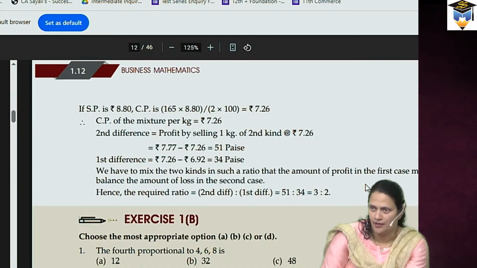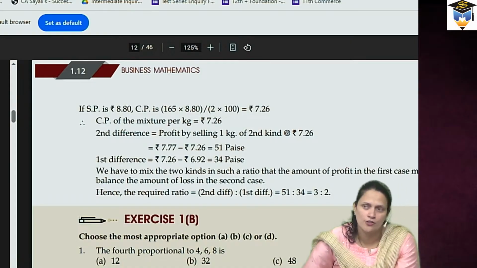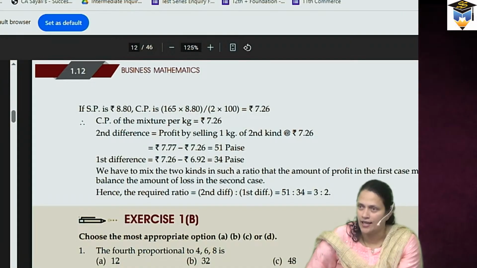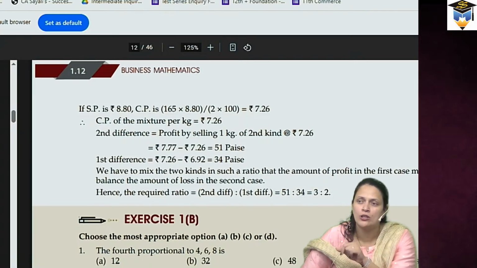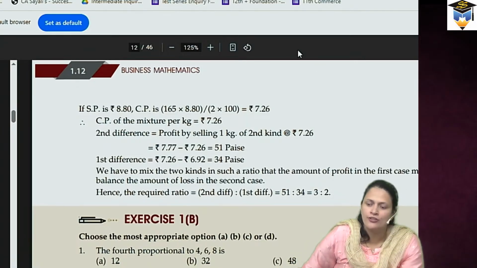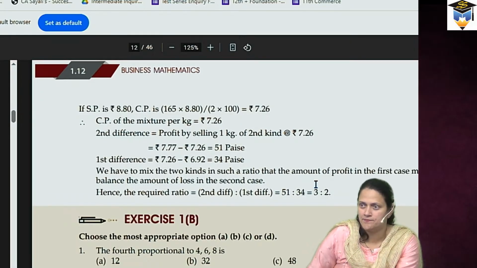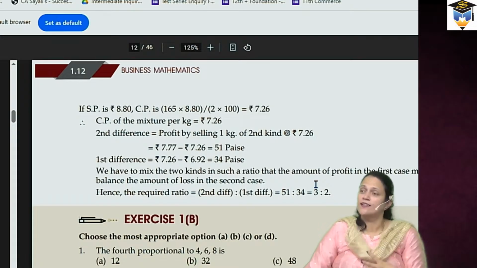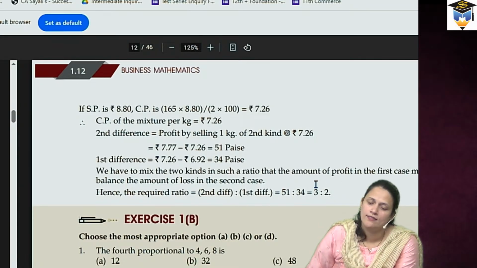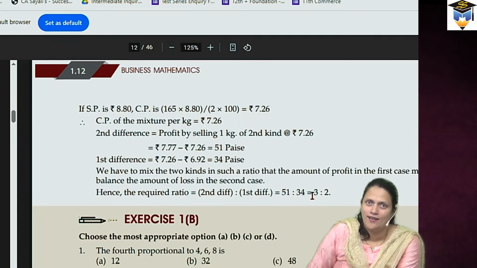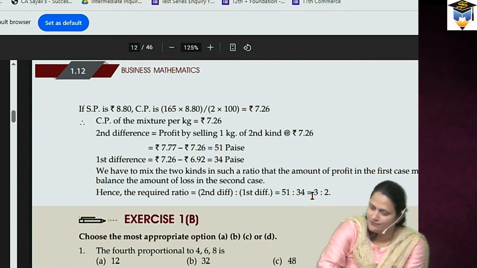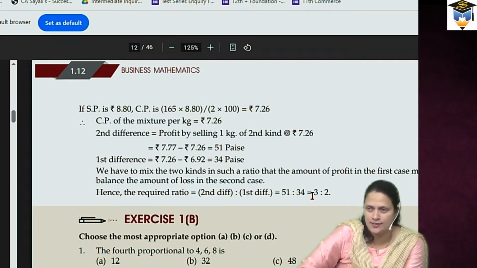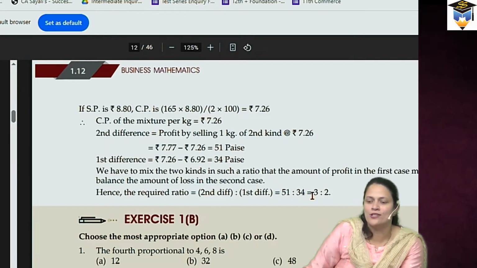Here you can see it, but if it is not given in the options, let's say they have given you 2:3 as the answer instead of 3:2, then you will have to choose that. Okay, fine. When we solve the exercise, I'll explain that, when options are given to us.